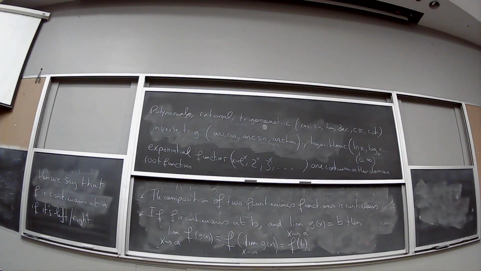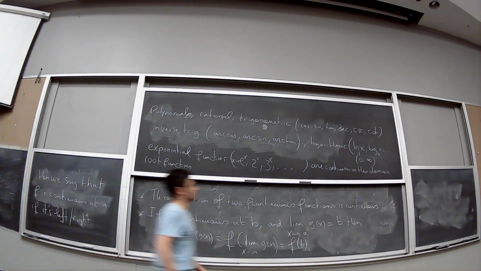Now let's move on to some problems. Should we do some problems? Let's do some problems. I'll choose some problems from the book. So this is problem 42 from the book, page 125.